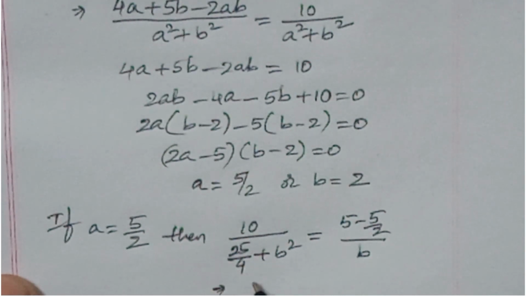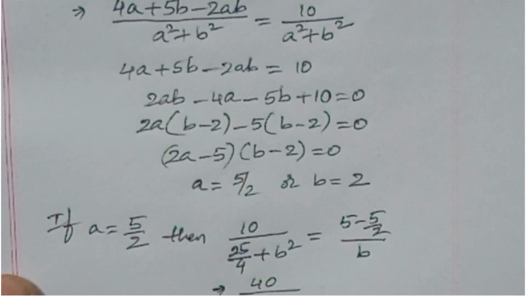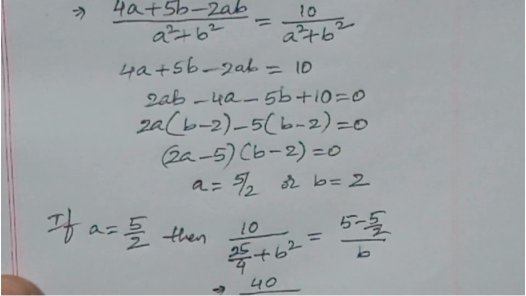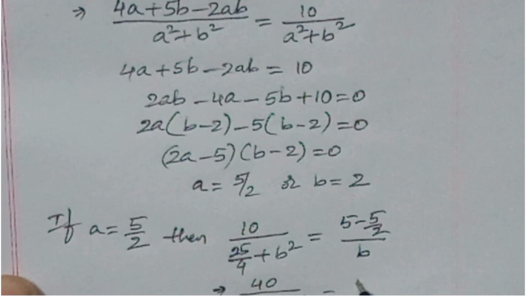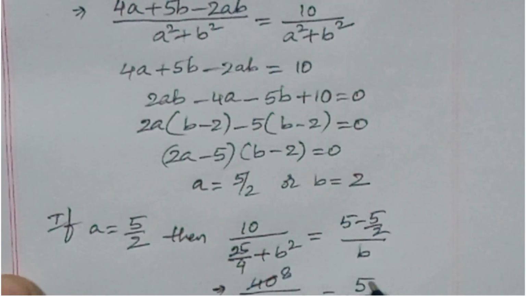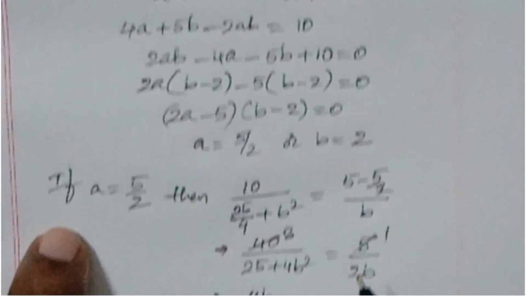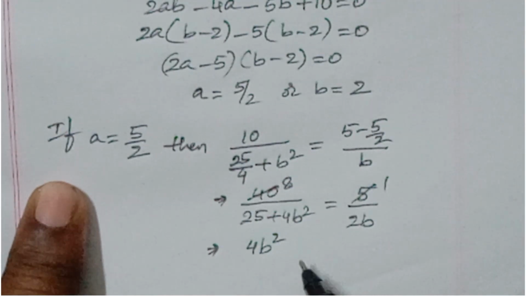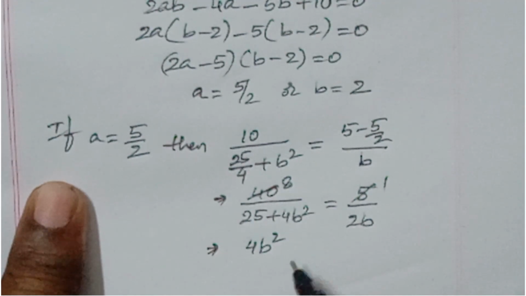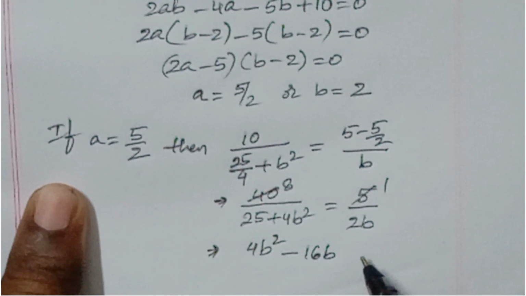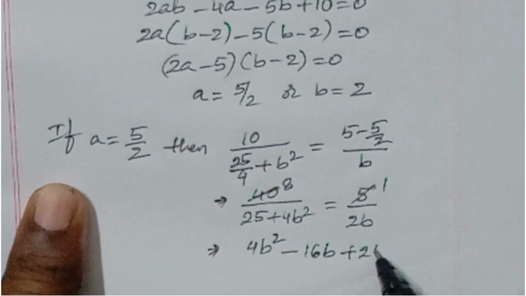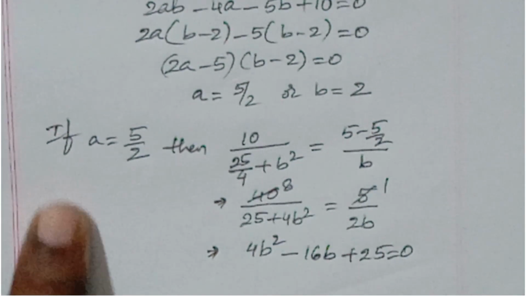So here you can write 40/(25 + 4b²) is equal to 5/(2b). So here 8 times, here 1 time. So 4b² minus 16b plus 25 is equal to 0.